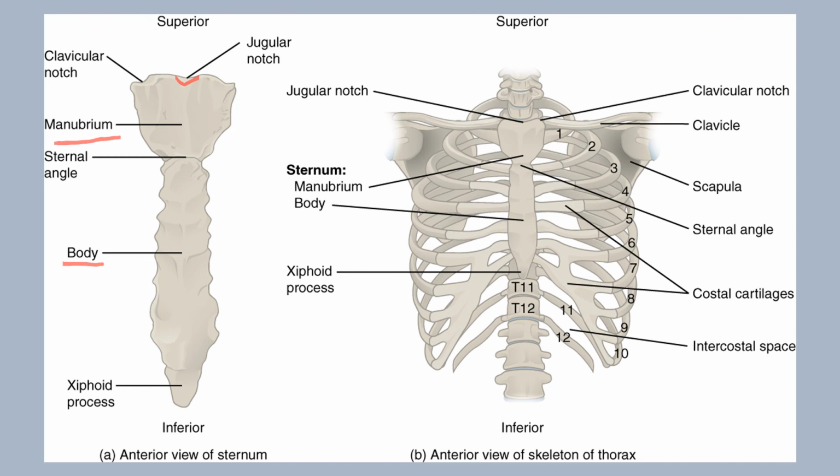This is the area on which, if you have to do CPR, you will be doing your compressions. And then the xiphoid process is at the bottom. This is not fully fused together till later in life, usually about your 20s. So it's very important to get the positioning right when you do CPR so that you are not doing your compressions on the xiphoid process.